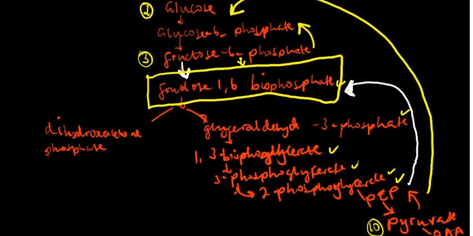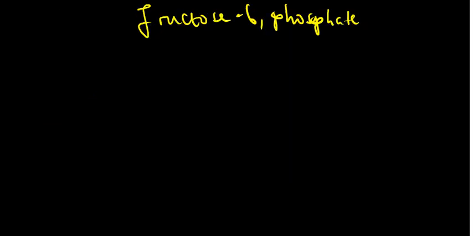However, glucose 6-phosphate cannot go back to glucose because this process is irreversible. So what happens? Hydrolysis has to occur again so that we are able to remove that phosphate from glucose 6-phosphate, and so that we can just have glucose. So from fructose 6-phosphate we are now at glucose 6-phosphate.